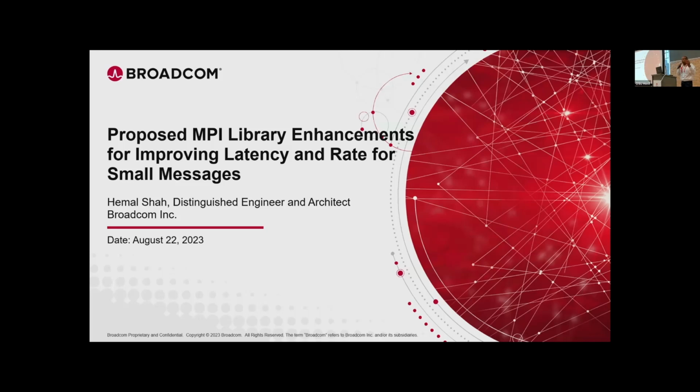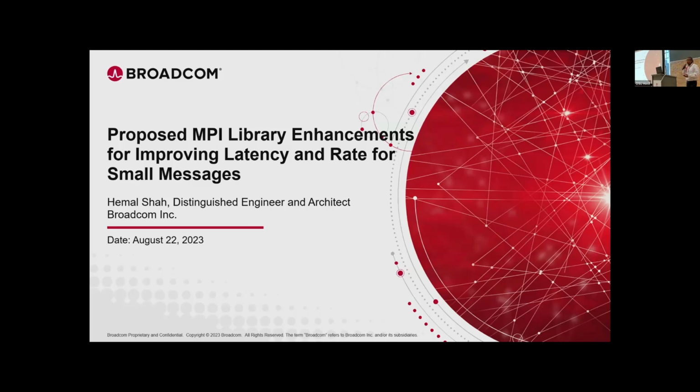So all the way up to the application and library level for the enhancement. In this one, I'm going to focus mainly on small message latency and rate, but other things can also apply to message processing in general. So I'll try to introduce you to a number of researchy kinds of ideas. Most of them are not there today in MPI libraries, but this will trigger some thoughts, and there may be more ideas beyond this.